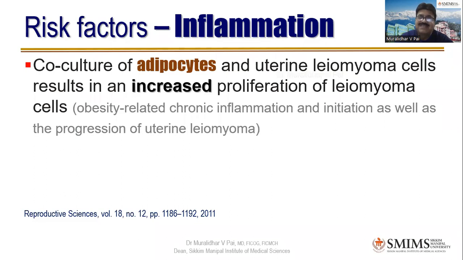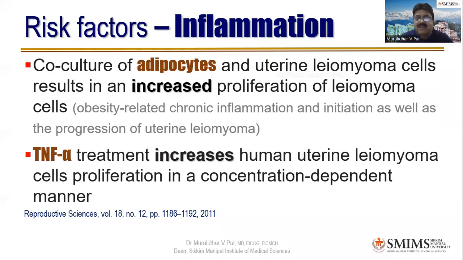But how does it harm us? This is the way. It creates an inflammatory condition, chronic inflammation. Those who are obese, there is a chronic inflammation going on in the body. And when these adipocytes and uterine leiomyoma cells are co-cultured, you could see an increase in proliferation of leiomyoma cells. That means when these muscle cells are making friendship with fat cells, like fat, they also grow. And that's why they become fibroids. In a simple way, if I have to teach.